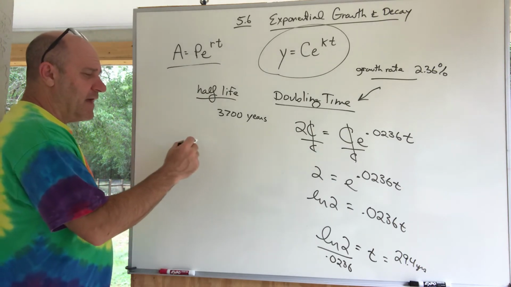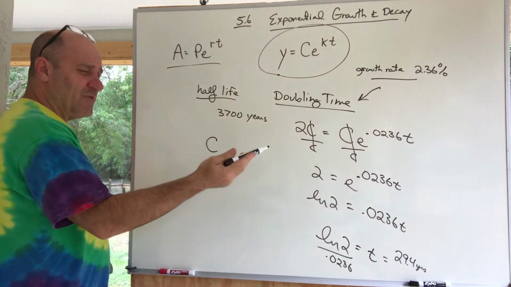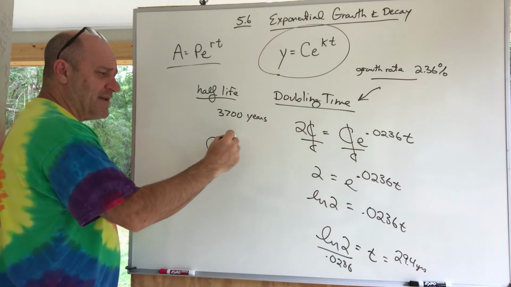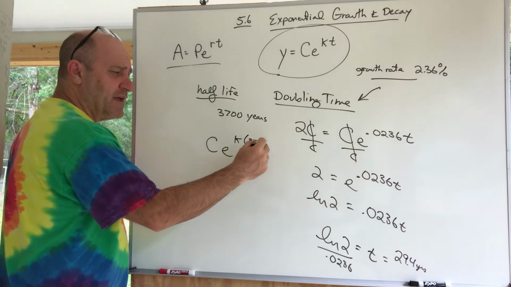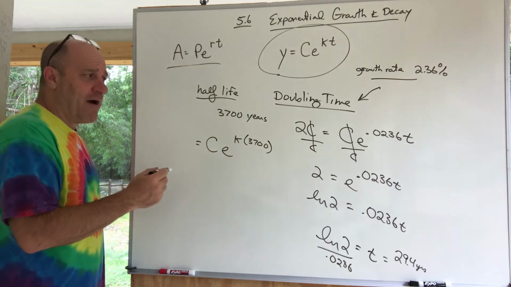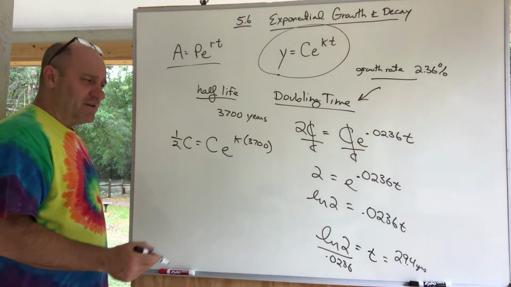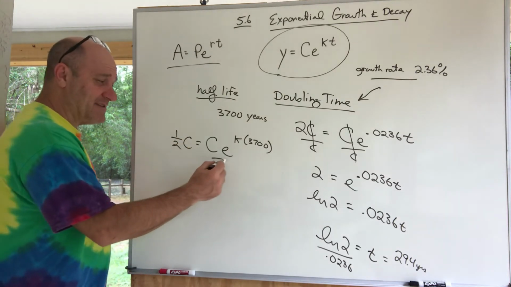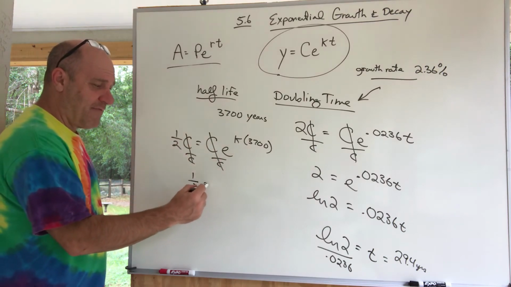Well, let's see. I've got this formula. I don't know the original amount of stuff. I don't know the decay rate. I do know that when I plug in 3,700 years, I'll have half the amount of stuff. So if you divide by C, the C's go away, you get a half.